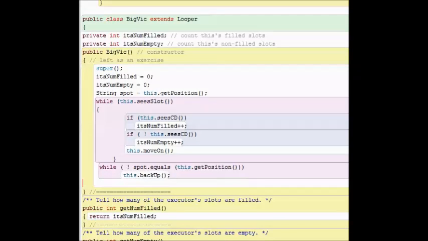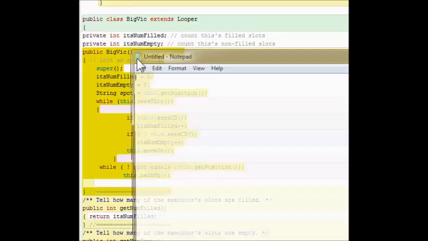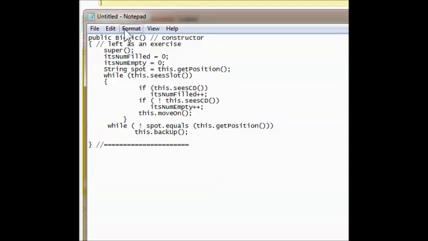So instead of you turning in this whole chapter 3 to me, just copy this constructor, beginning from where it says constructor, until you hit this particular thing. Just copy it, paste it into Notepad, and save it as constructor for Big Vic.